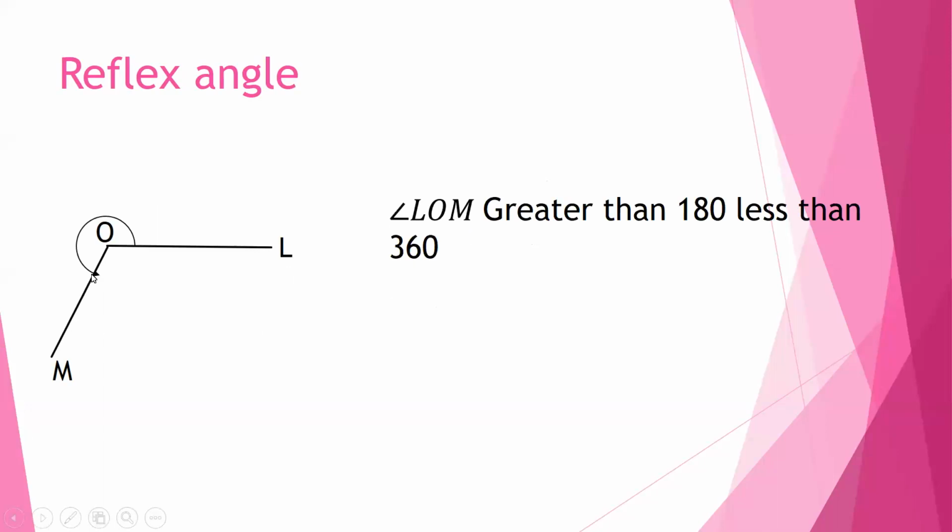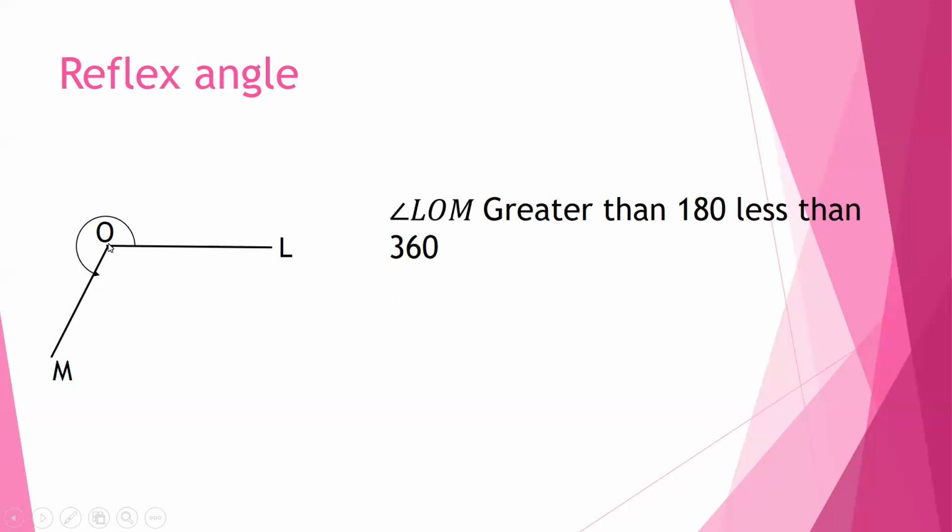Okay, so we also have reflex. This is a reflex angle. And this angle is formed at point O. So we have angle LOM. And it's saying that this angle is greater than 180 degrees, but less than 360 degrees.